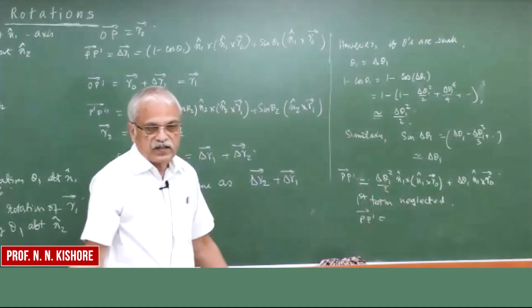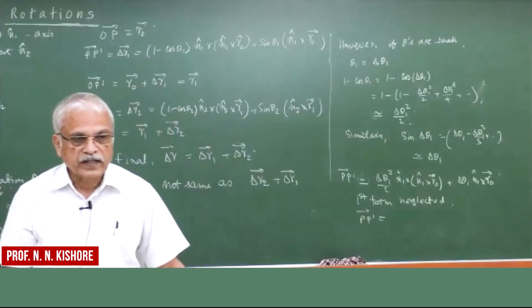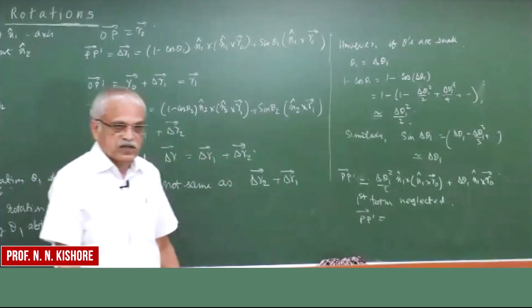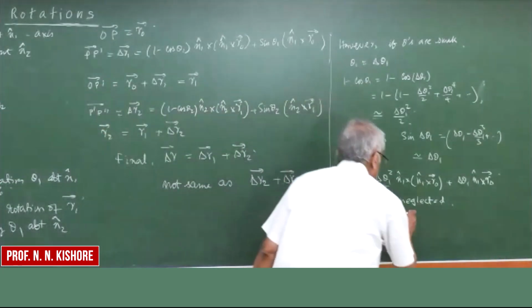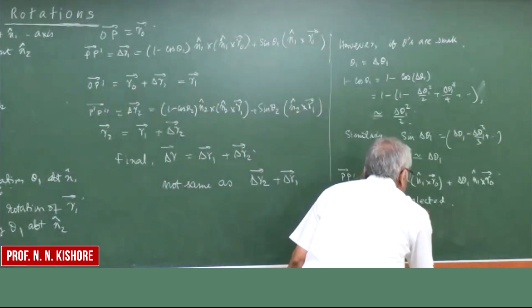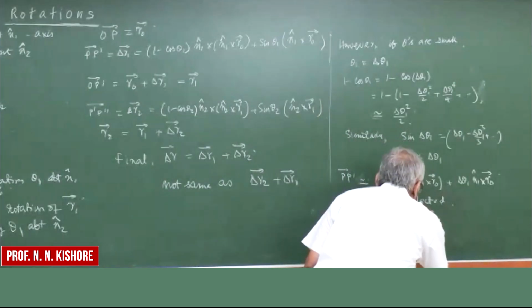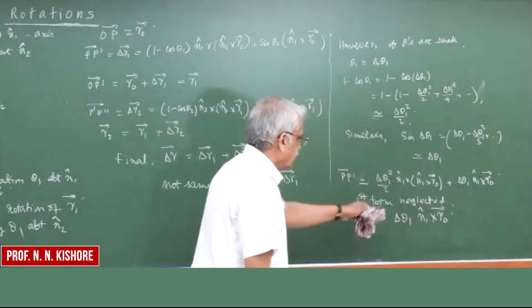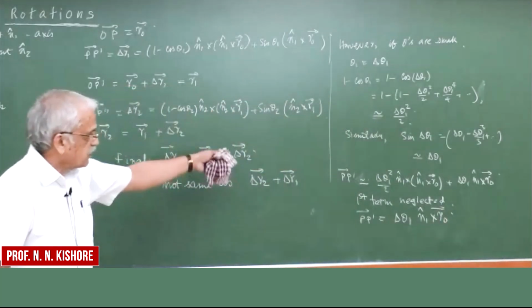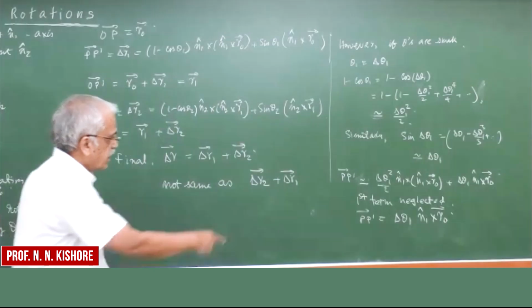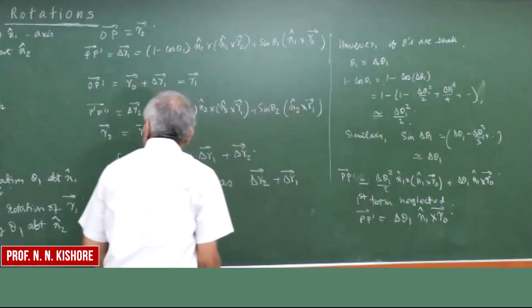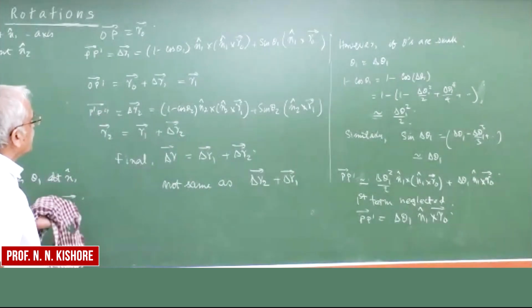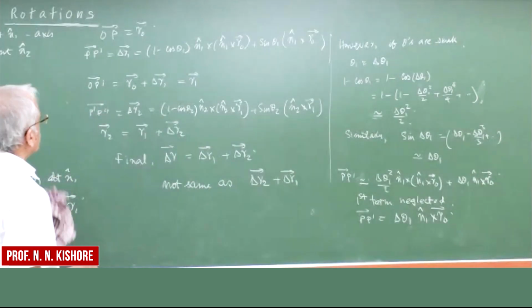When delta theta is, say, 0.001, then delta theta squared becomes 0.000001, which is extremely small. So this is the interesting part here: it is very nicely approximated. If that is the case, can we go back and simplify the whole thing?